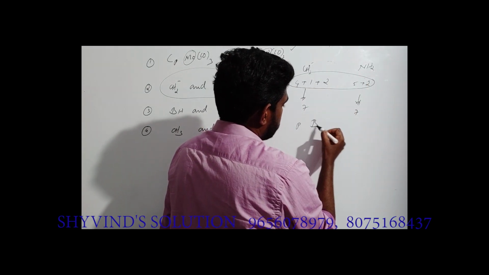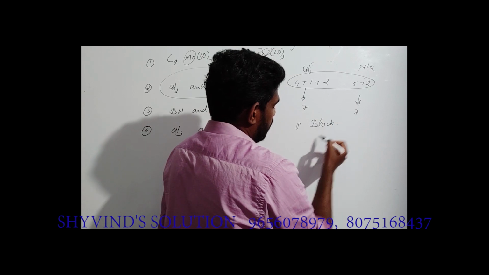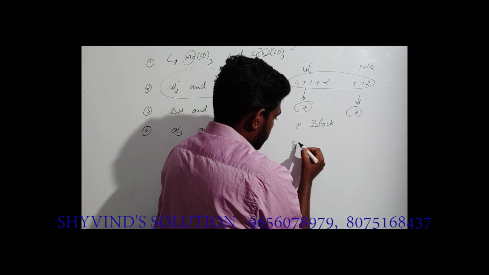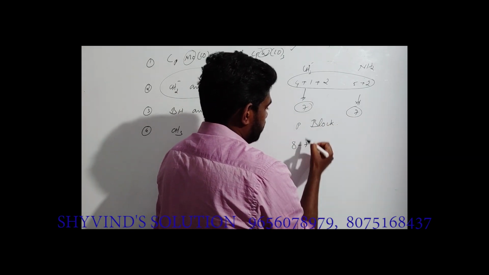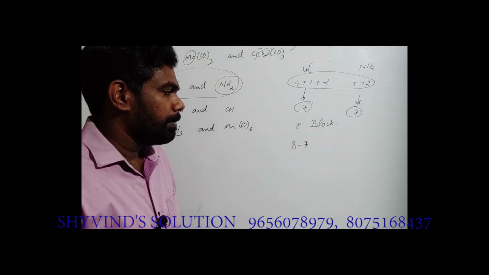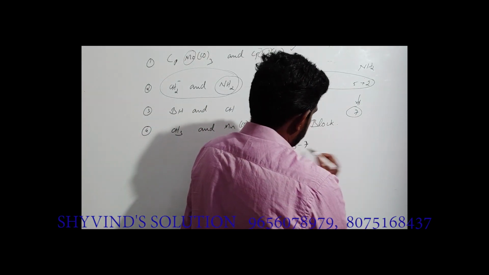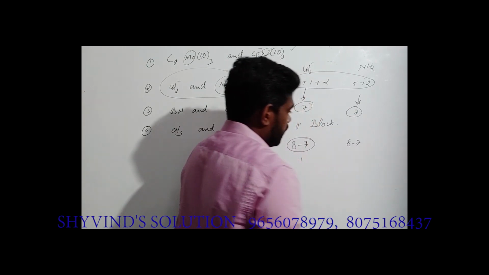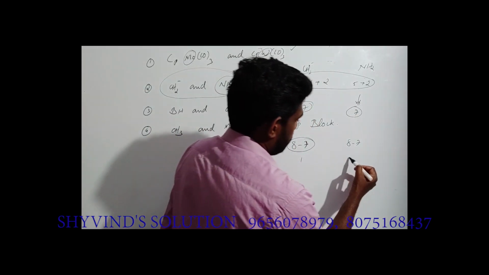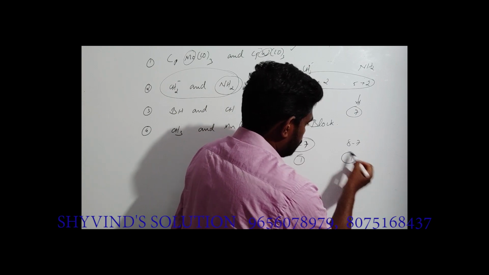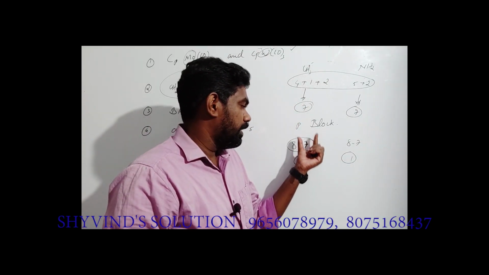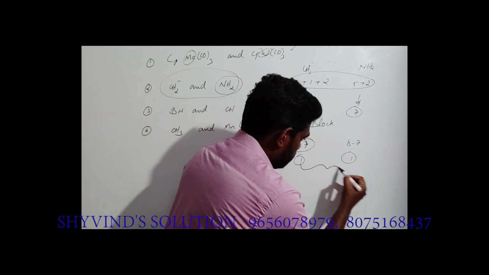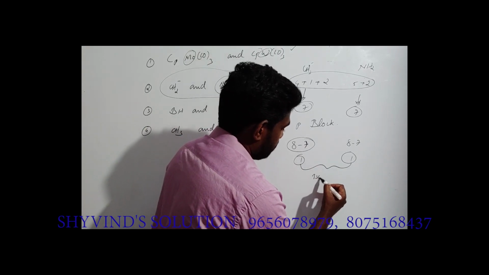To find out the isolobal species, we should find the total number of electrons and subtract it from 8. So 8 minus the total number of electrons will give you 1 here, and here also if we subtract 7 from 8 we get 1. If subtracting the total number of electrons from 8 gives the same number, then these two are isolobal species.